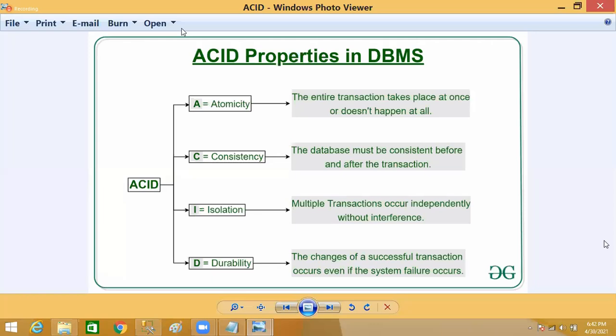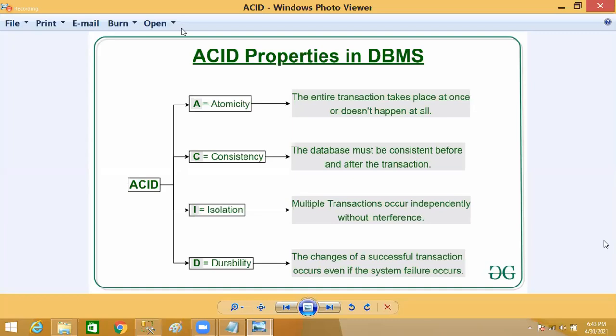That's why ACID properties play one of the major roles when you do your transactions, and they help your transactions maintain properness and accuracy.